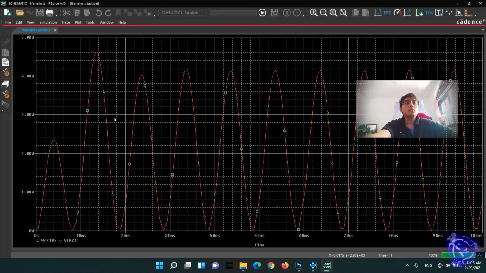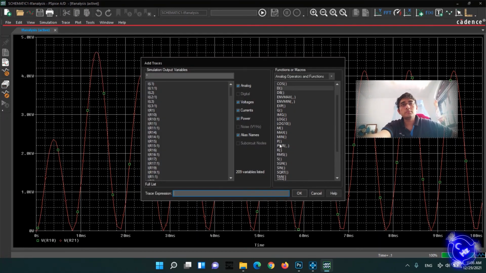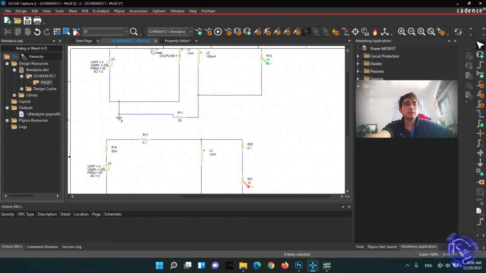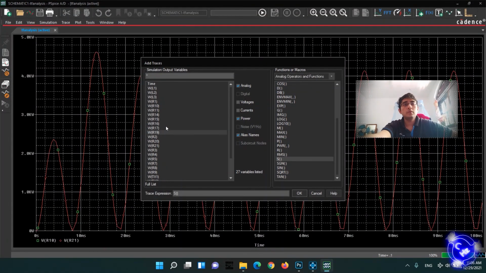Right, now would you like to consider the energy? How much energy is dissipated across my load within some time? Now this is power. I already did a video about that, but however I would like to tell it again. If I need how much energy is dissipated across my load, I can trace S. S means integration, S of the power value of my load resistor.